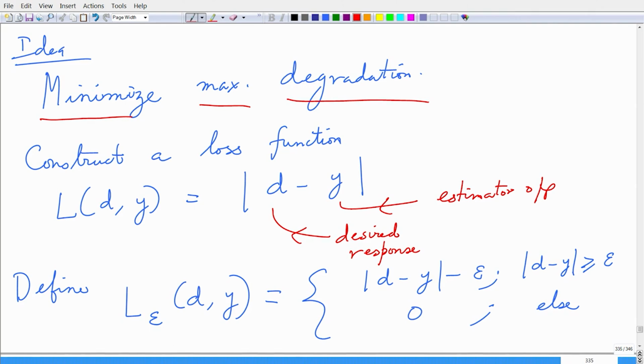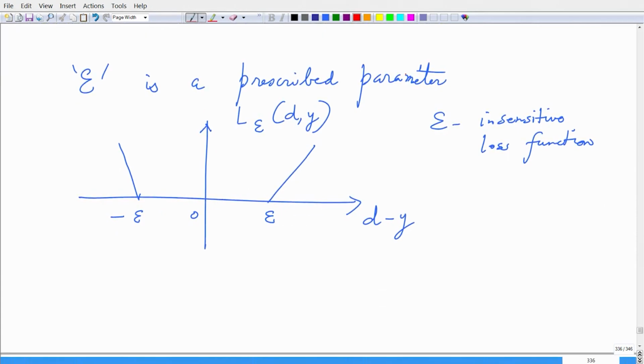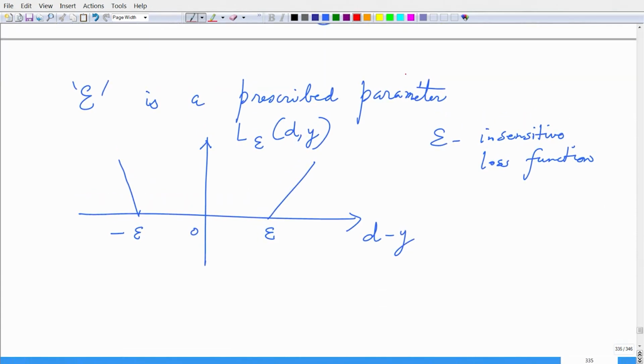So, this function can be visualized in this diagram. This is like a bathtub function, right. When d minus y is sandwiched between minus epsilon and plus epsilon, it is 0, else it is mod d minus y minus epsilon, and this is our epsilon insensitive loss function, because it is insensitive in this region.